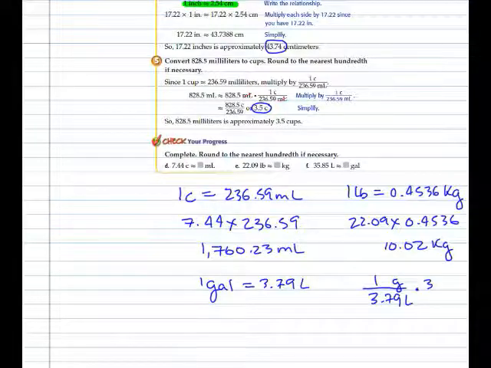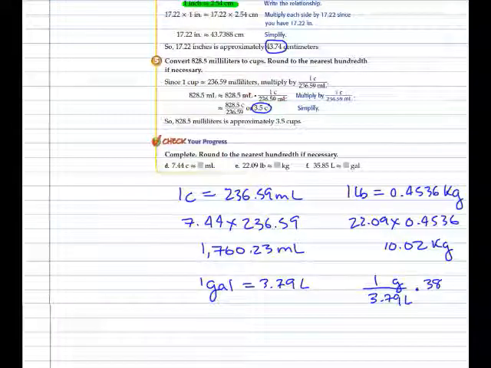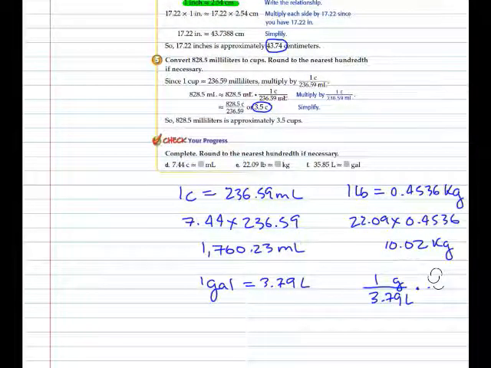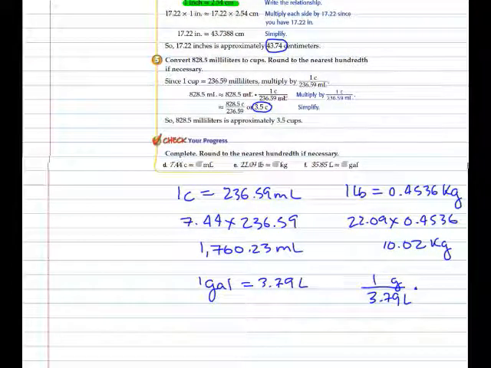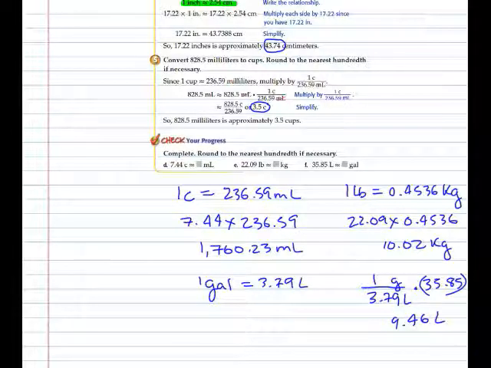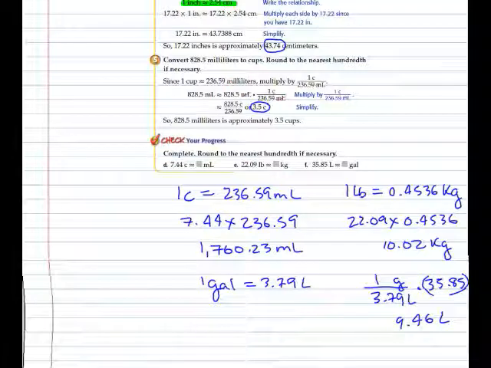I'm going to multiply that by 35.85. Put that in parentheses, and my result then is 9.46, in this case, liters.